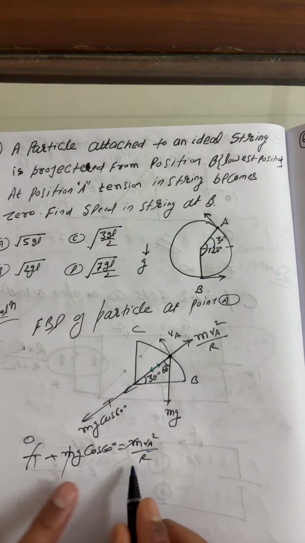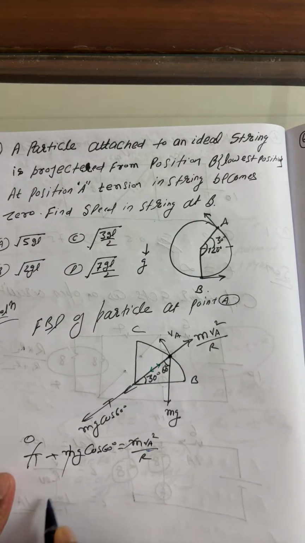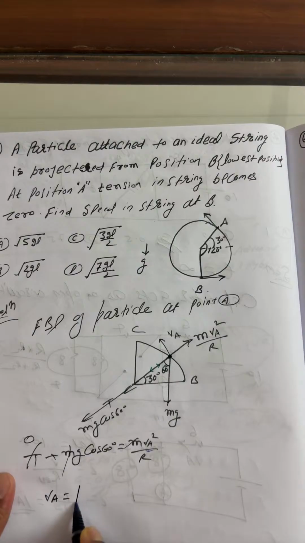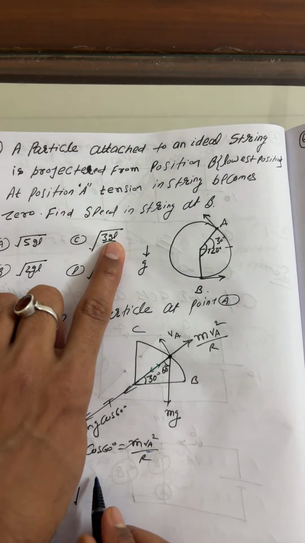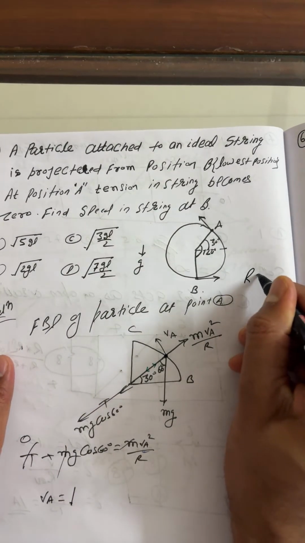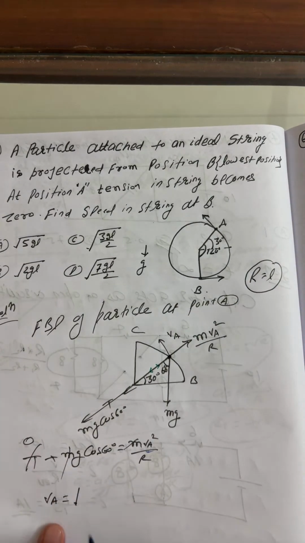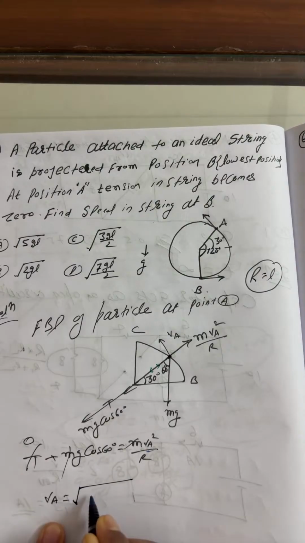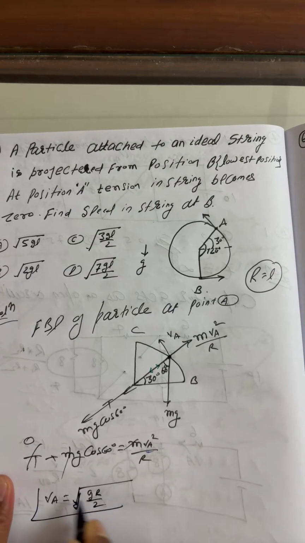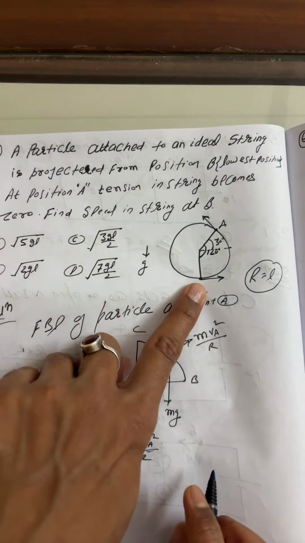So simply VA is, because the answer in terms of L is mentioned, they have taken R equals L, but I'm considering R here. So VA is root of GR by 2.